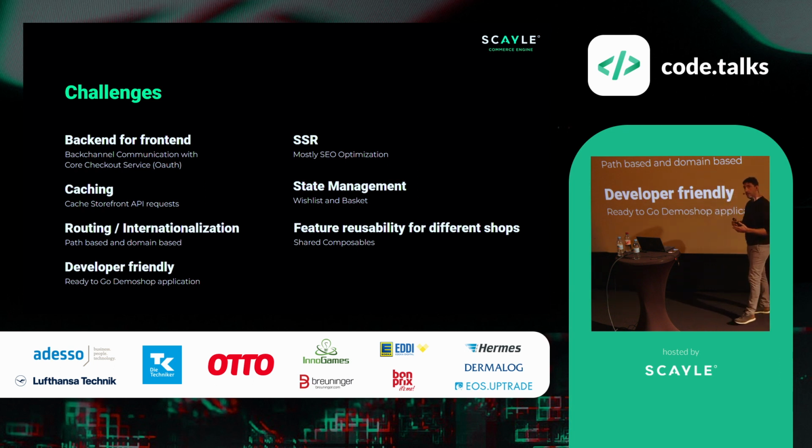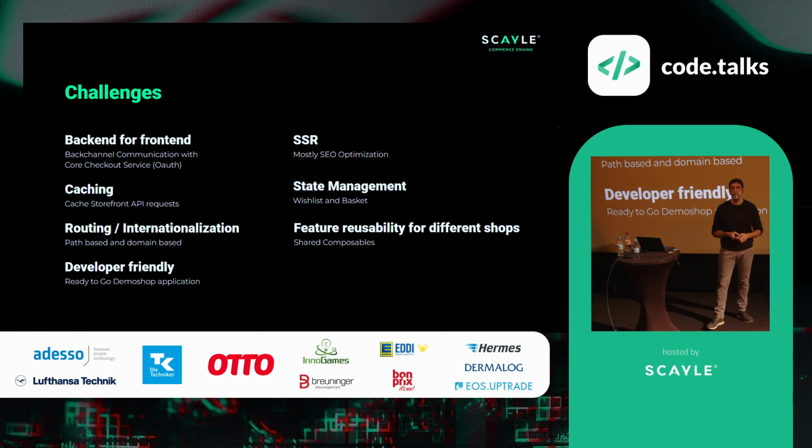Also, bigger companies maybe want to share some technology and knowledge. If they implement, as an example, a store locator for one shop, they maybe want to reuse it with a different shop. So we need to think about that topic too. But I think the most important topic is to be developer friendly. It's great to work on those challenges and have a product at the end, and then it's only spaghetti code.